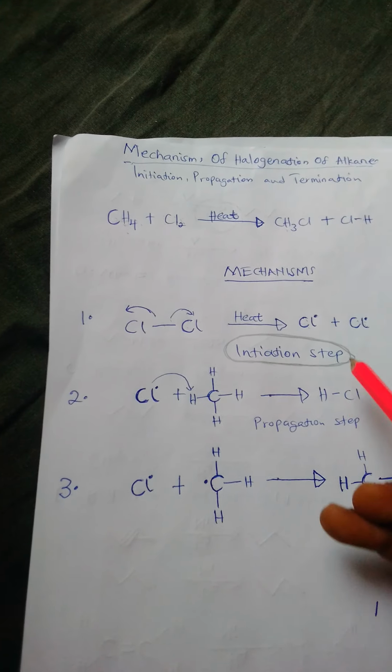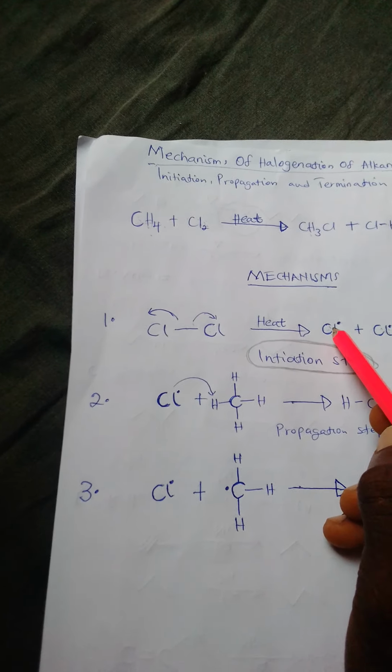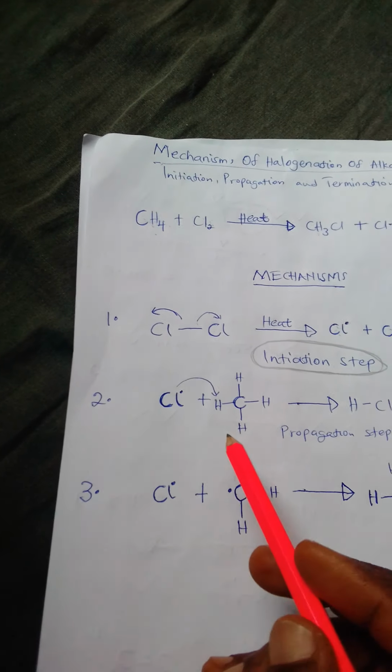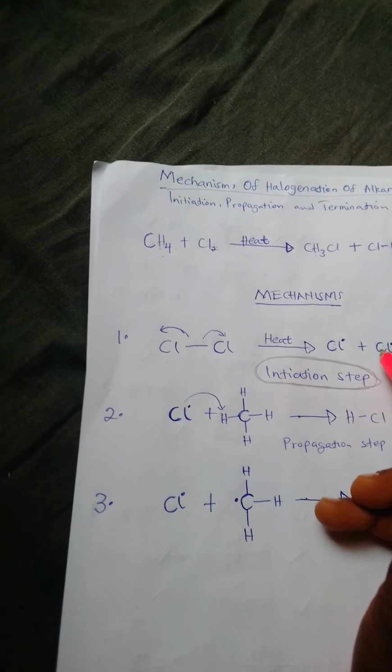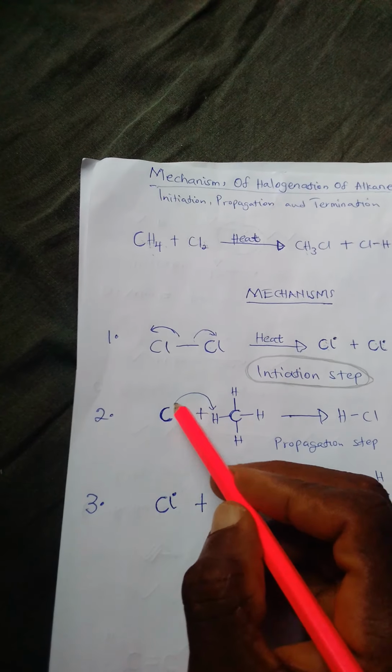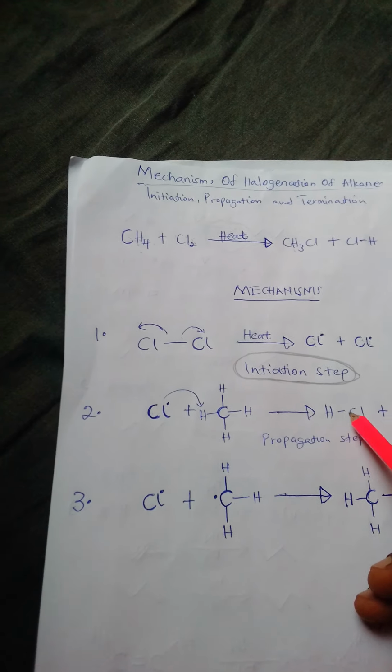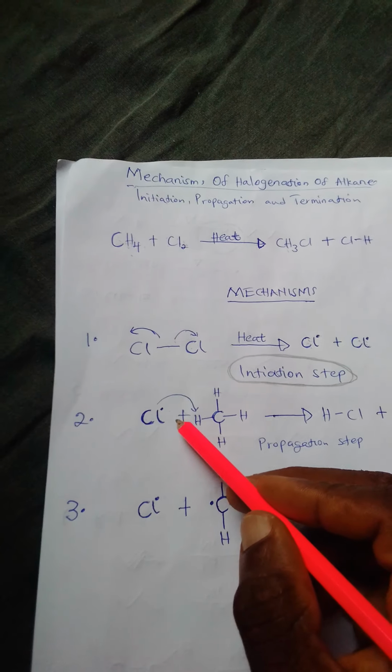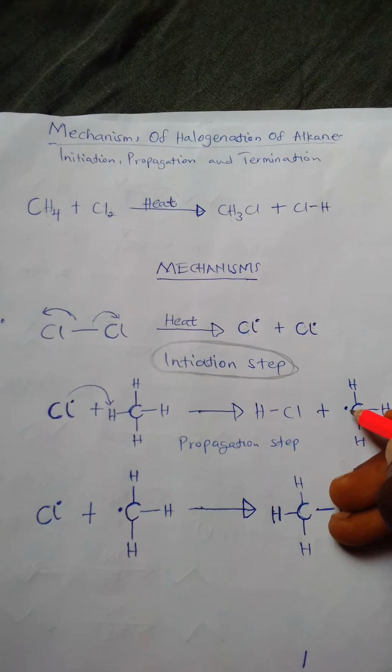Next, one of the radicals will come and take one of the hydrogens in the methane. So we have two radicals here. One of them will come and abstract one hydrogen from the methane. When it's abstracted, it forms HCl with the hydrogen. Then you have a radical of the methane.